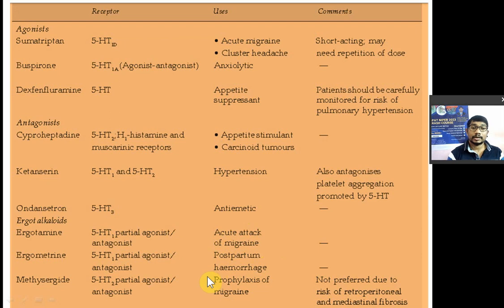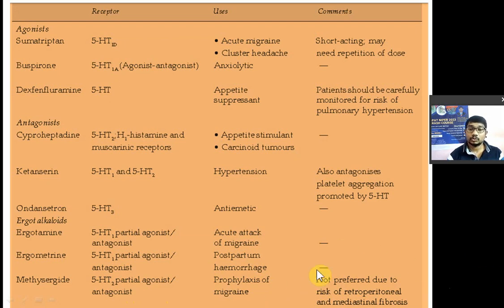Postpartum hemorrhage means the bleeding that occurs in a woman after the baby is delivered. So ergometrine controls the bleeding after delivery. Now methysergide is a 5HT2 receptor partial agonist or antagonist, used in the prophylaxis of migraine, to prevent migraine.